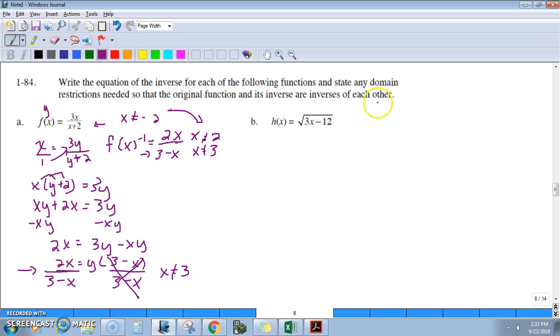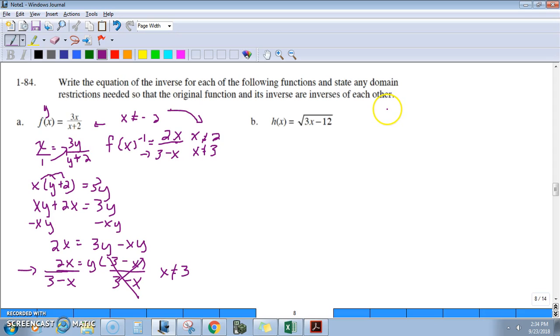Okay, so this one, where is this going to exist? Remember, under the radical, it cannot be a negative number. So if I enter in 4 for x, that's going to give me the square root of 0.